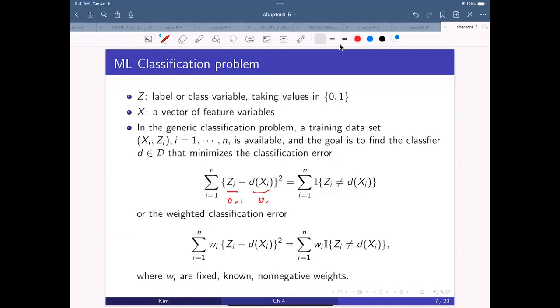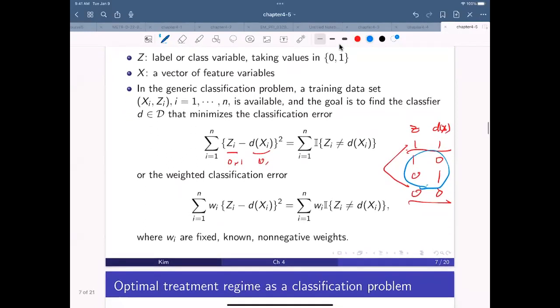That means you have Z and D(X), giving 4 choices: 1,1; 1,0; 0,1; 0,0. The two where they agree have no error, right? But those in the middle contribute to the error term.